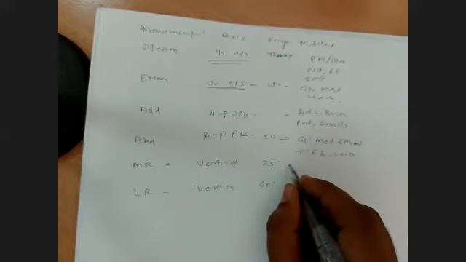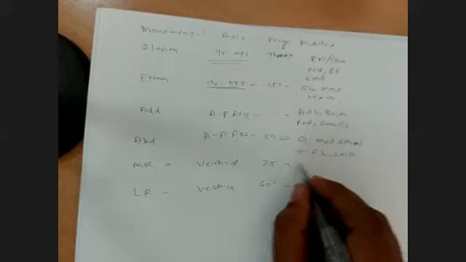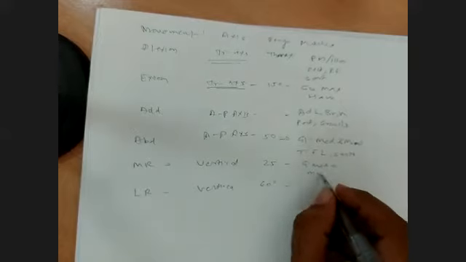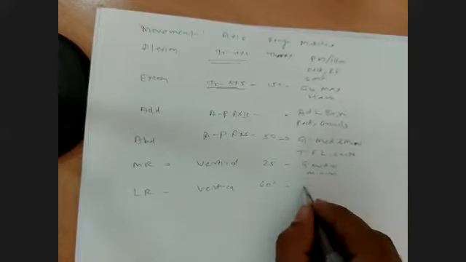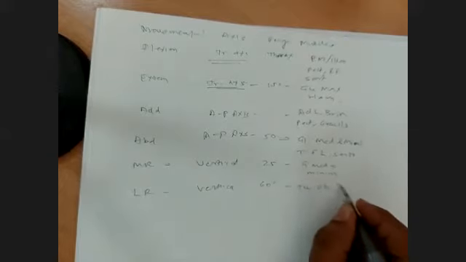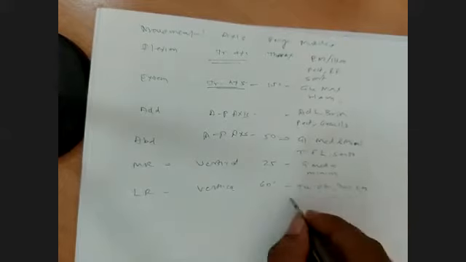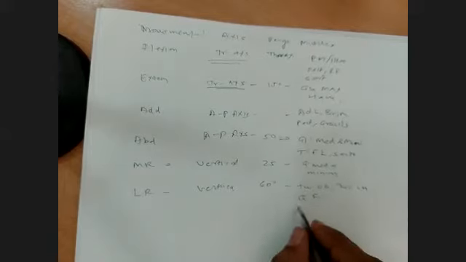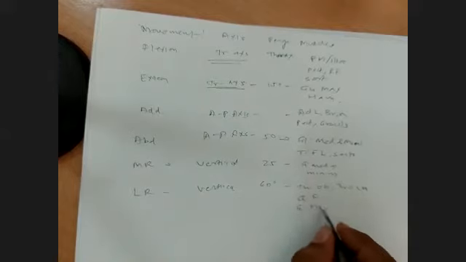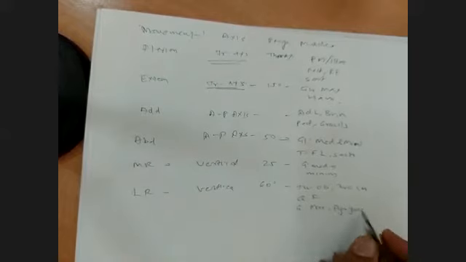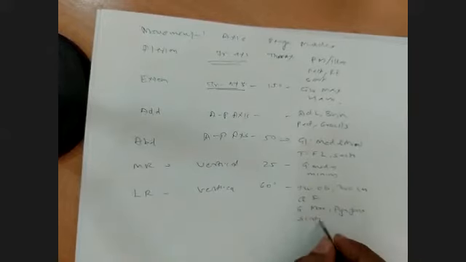Medial rotation is brought about by gluteus medius and minimus, while lateral rotation is brought about by the two obturators, two gemelli, and quadratus femoris. Apart from that, lateral rotation is also brought about by gluteus maximus, piriformis, and sartorius.